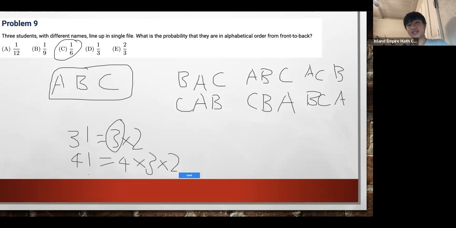We can get into the specifics of why this works for every number later on, or maybe next class, but this is a very fast way to think about this. When they're lining up in a line, there are 3 times 2 combinations of 3 students lining up in the line.